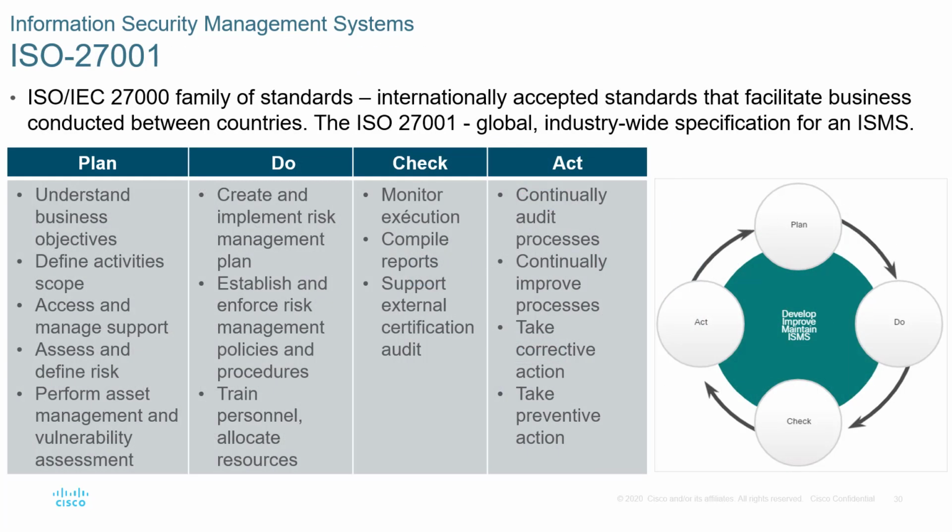When we're looking at the ISO 27001 and 27002 examples, that plan, do, check, act is going to be like understanding the objectives and defining our scope. The do is going to be implementing plans, establishing and enforcing policies and procedures. The check will be monitoring. The act will be actually continuing, improving the process, corrective action, preventative action, action in general.